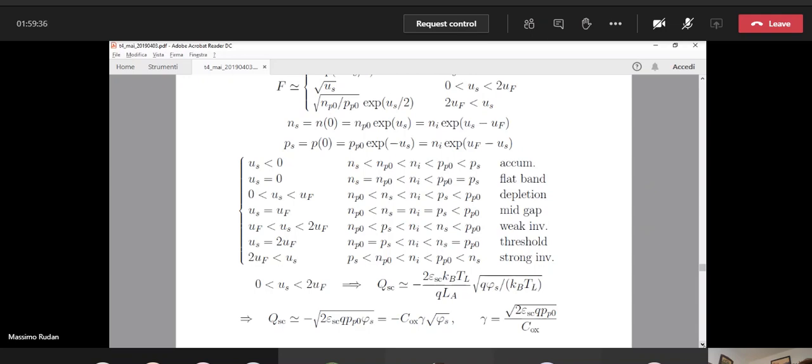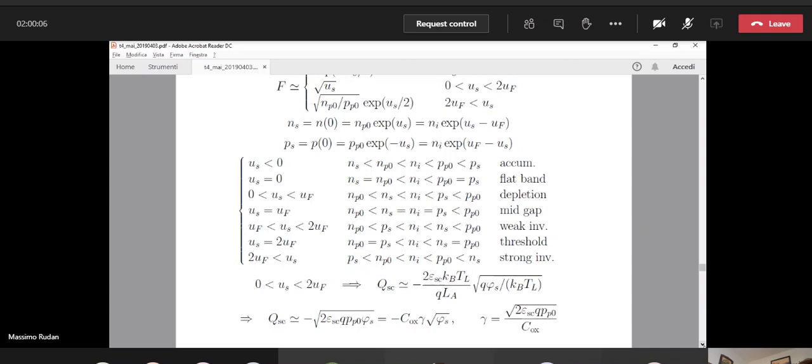And similarly, the concentration of the holes at each point is PP0 times the exponential of minus U. In particular, we can calculate the values of the concentrations of the electrons and holes at the surface. And we shall call them NS and PS, okay?